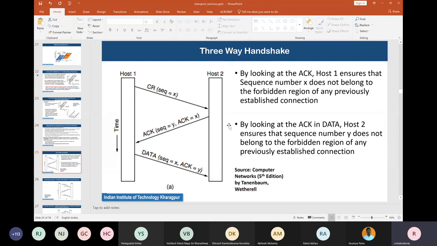Because it tells host 2 that the next data packet you send me should have sequence number Y. Now I have a question. What would be the sequence number and ACK field values for the first data packet that host 2 will send?